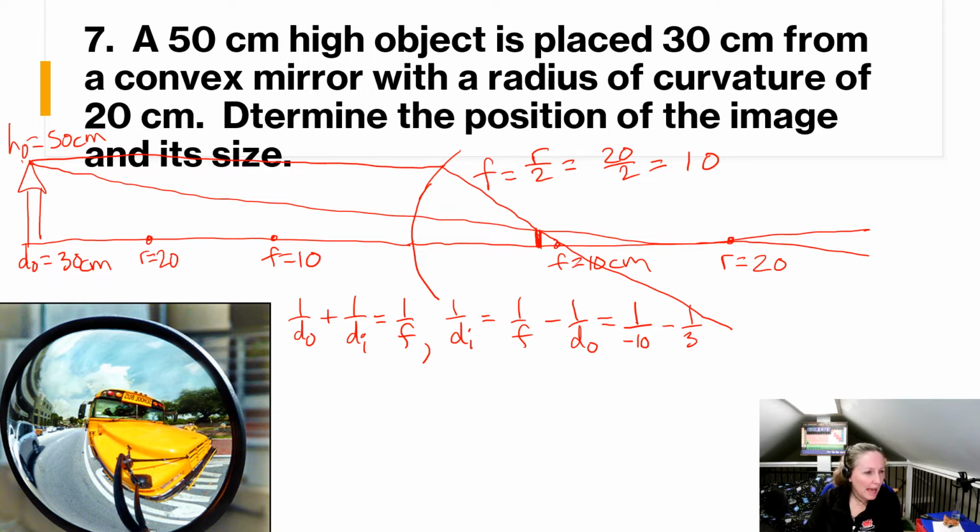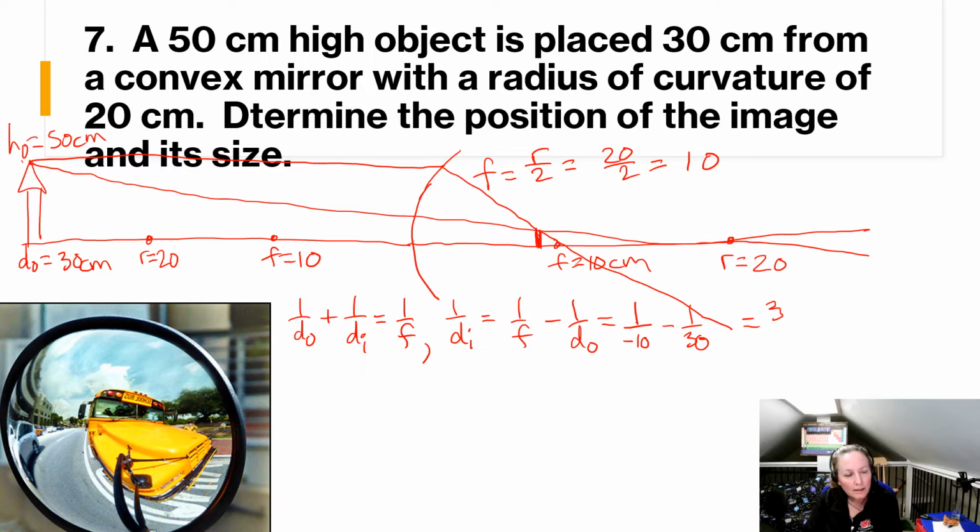Okay, and we can do the same trick that we did just a moment ago. So what do we have? Well, we have negative 1 over 10, and we can multiply that by 3.